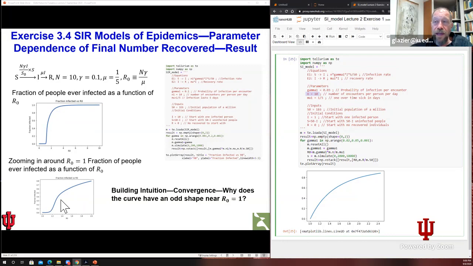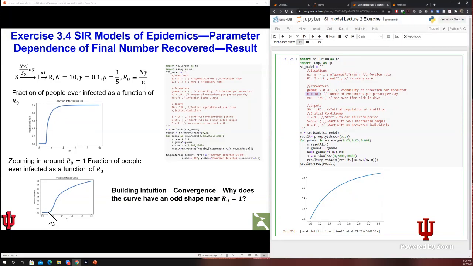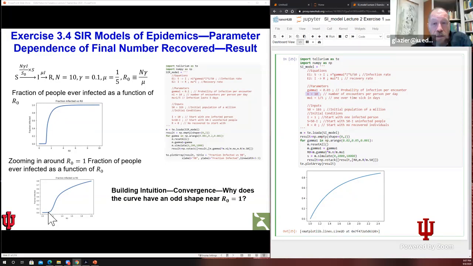We now plot that fraction of infections after 200 days as a function of R naught, and we get this curve. This curve is smooth and it looks well behaved. So we'd say, okay, this is great. If R naught is between 1 and 1.1, effectively the fraction of people infected is 0. So provided we get R naught below 1.1, we don't have to worry.